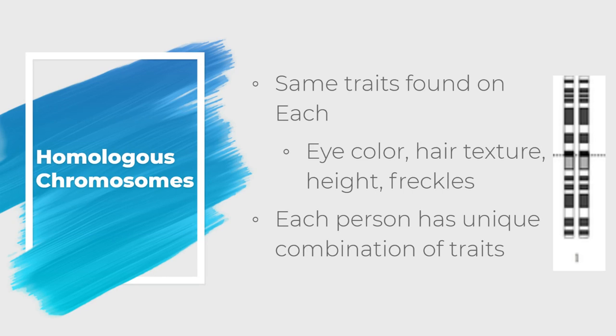So each portion, like let's say the very tippy top of chromosome 1, is going to have the DNA that's going to code for your eye color, but mom might have blue eyes in that region of chromosome number 1, but your dad's DNA might code for brown eyes. So either way, that same portion of chromosome 1 is coding for the same trait, but they can code for different versions of that trait.